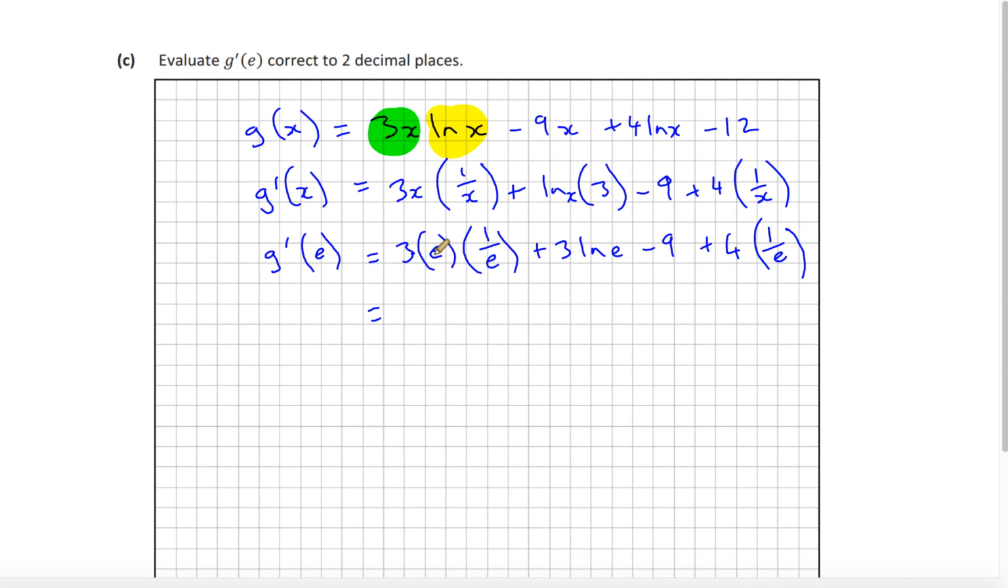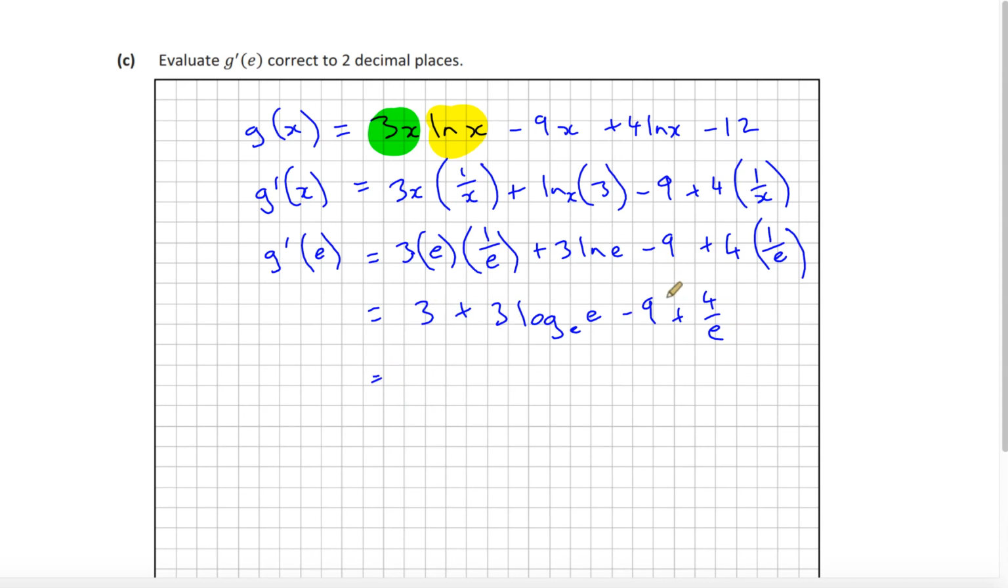So what do we got? 3 times e is 3e by 1 over e. Well, that's 3, the e's cancel. Plus 3 times ln of e, remember that's the log to the base e of e, minus 9 plus 4 times 1 over e is just 4 over e.